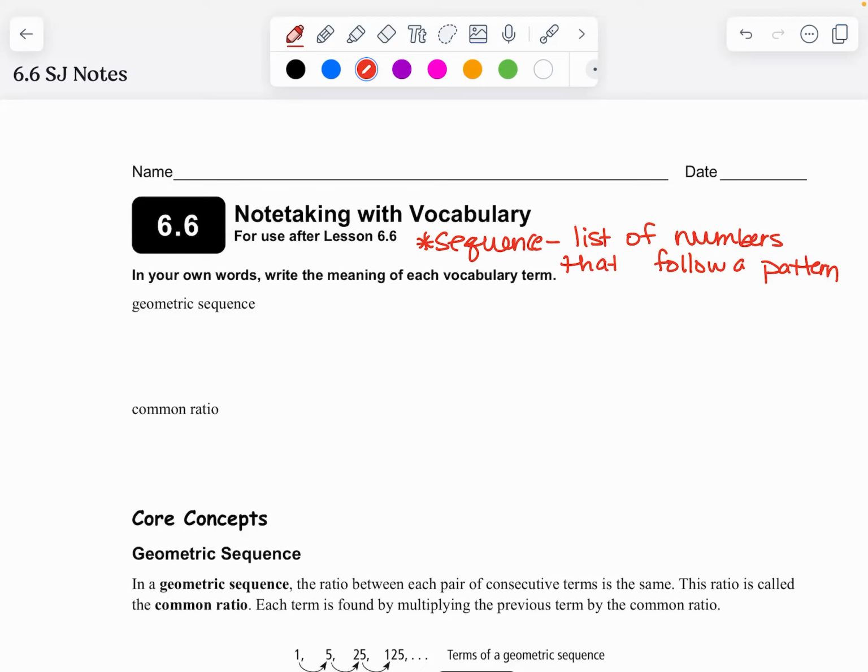So a list of numbers: 1, 1, 2, 3, 5, 8, 11. They follow a pattern.